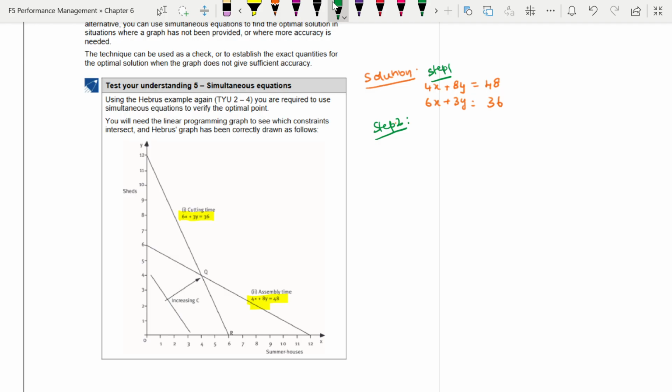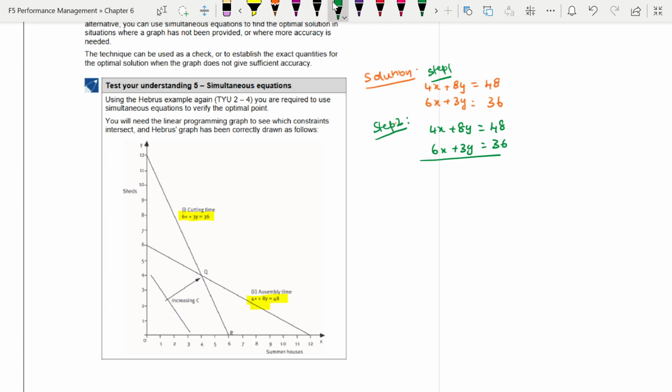In order to solve the simultaneous equation, we have to cancel one variable. We have 4x plus 8y equal to 48, and 6x plus 3y equal to 36.